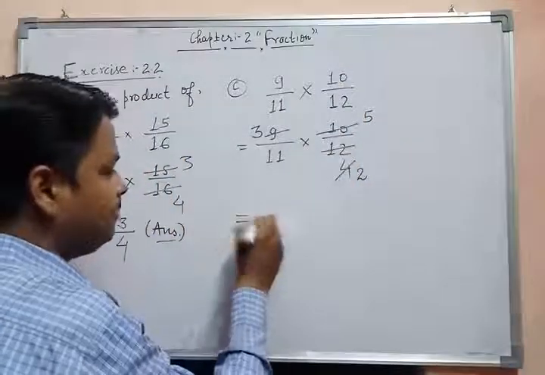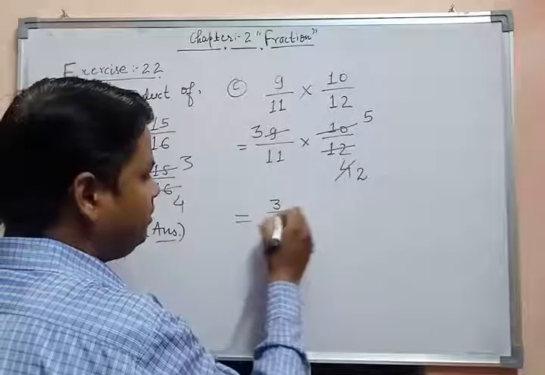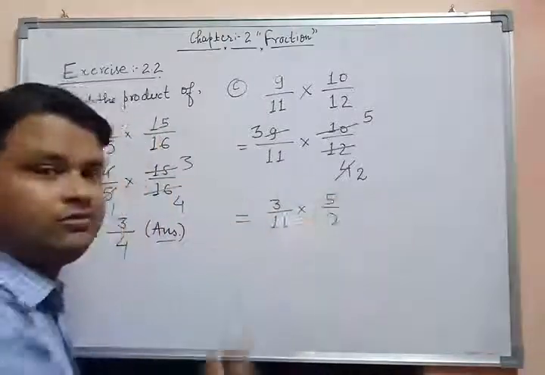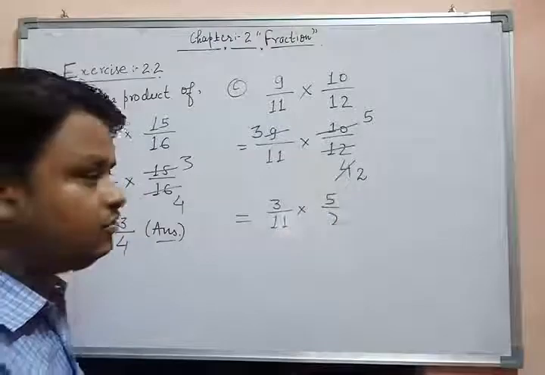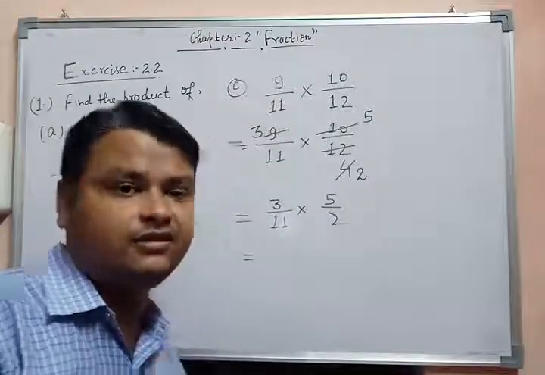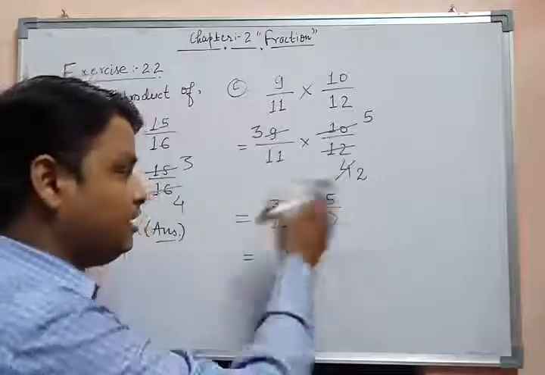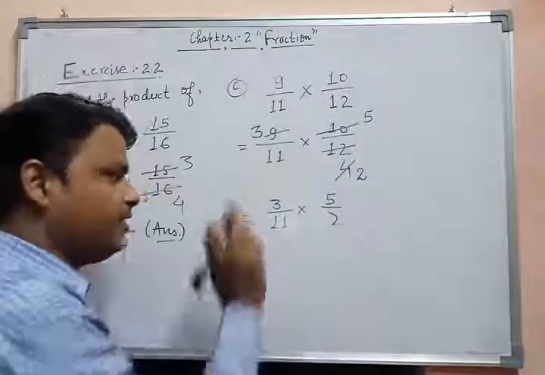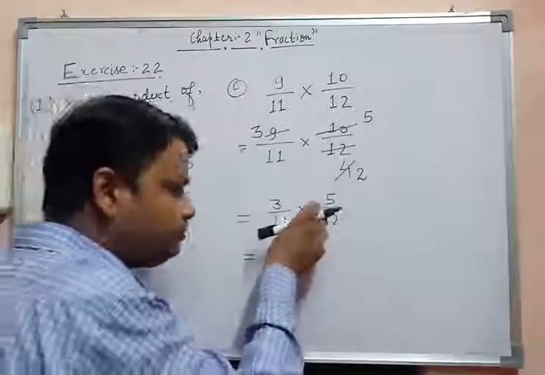Now students, we have to multiply 3/11 into 5/2. No number can be cancelled with each other. In this case, if no numerator or denominator is cancelled with each other, then you have to multiply both numerators and both denominators.